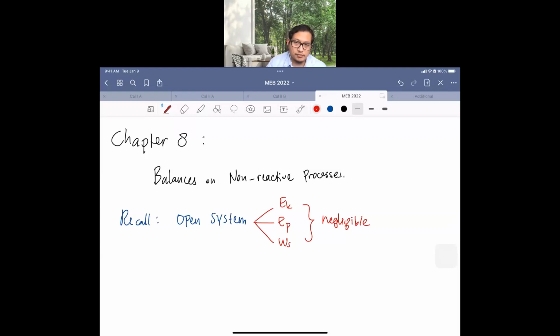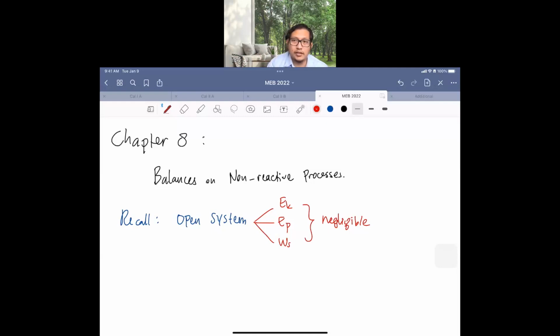because in an open system we are looking at the mass transport across the boundary. It means that we are looking at a bigger picture. Kinetic, potential, and shaft work energy is restricted to a small area, on the process, on the system.